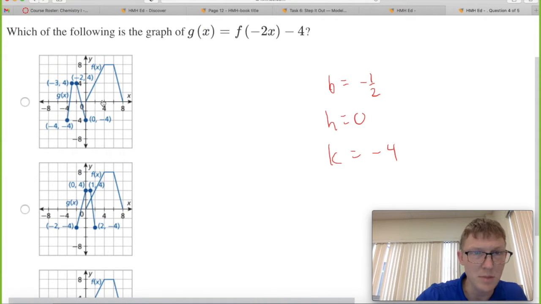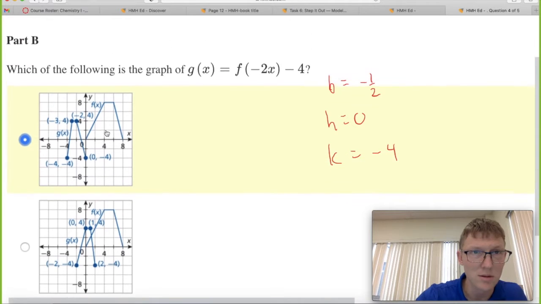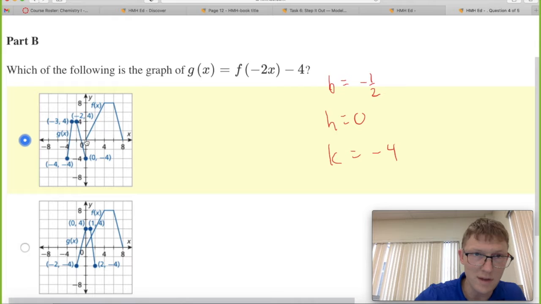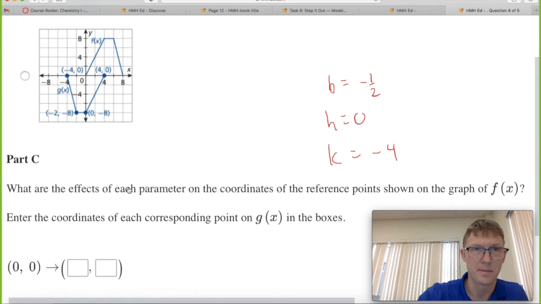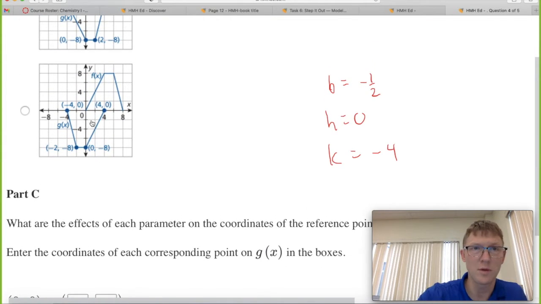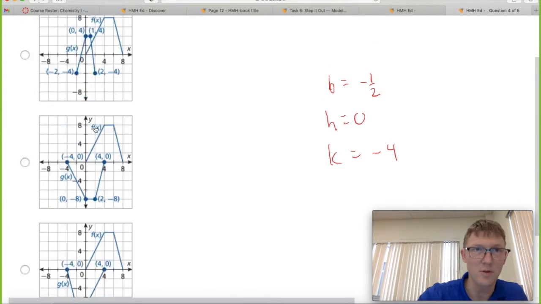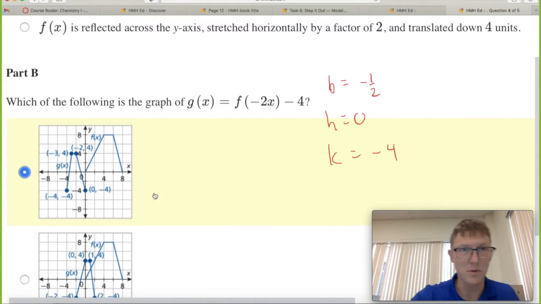Oh, this one actually might be it. So this one is flipped across the y-axis and then moved down 4 units and squished by a factor of 1/2. So if we look at this line right here, it's 8 units long. This line is then 4 units long. And this one is flipped around the x-axis, not the y-axis. So I like that one pretty good.